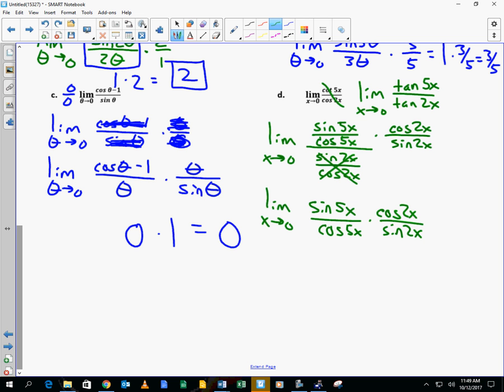We have a sine of 5x, so what do I want in this denominator? I want a 5x, right? So I'm going to multiply the top and bottom by a 5x. And then as I look at this second part, I have a sine of 2x in the denominator. What would I like to have in the numerator? Just a 2x.